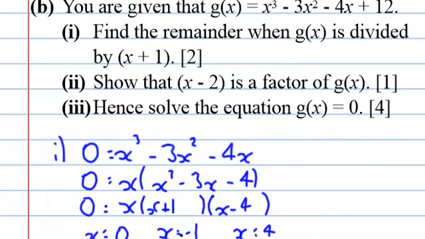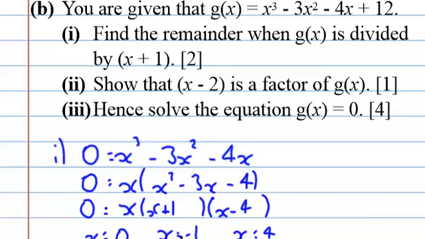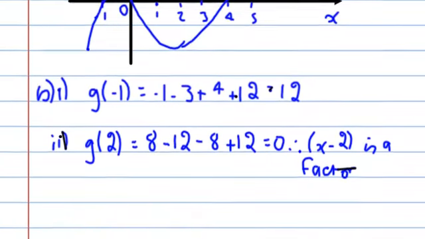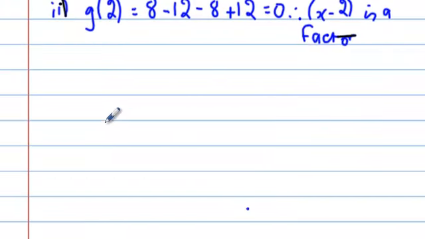What's the last part? Solve the equation g of x equals 0. So if we put 0 equal to the function for g, which is x cubed minus 3x squared minus 4x plus 12.